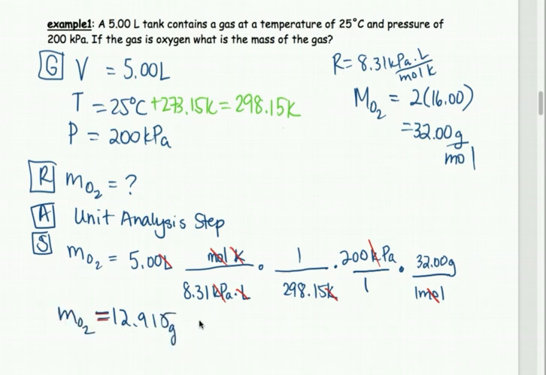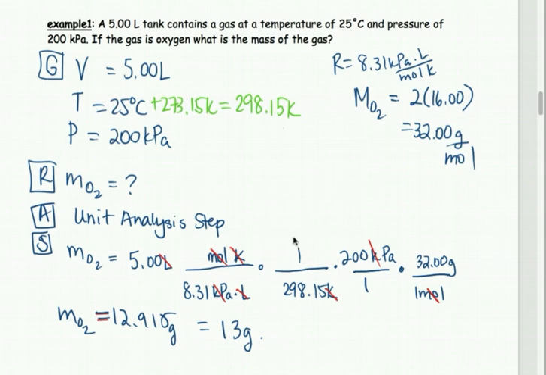And we need 2 digits, so 13 grams. Okay, like that. All right, and then we already have our therefore statement from above.